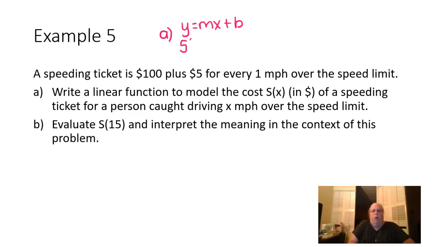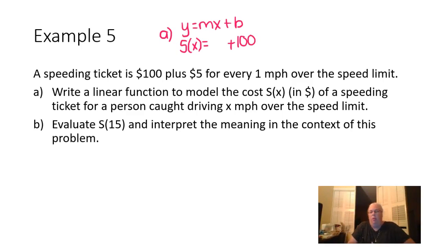All right, the y, the S of x, this is going to be the cost of our speeding ticket. When you get stopped by a policeman in this town, you automatically have to pay $100 just for the privilege of being pulled over. So that's going to be back here. What's going to change is the $5.